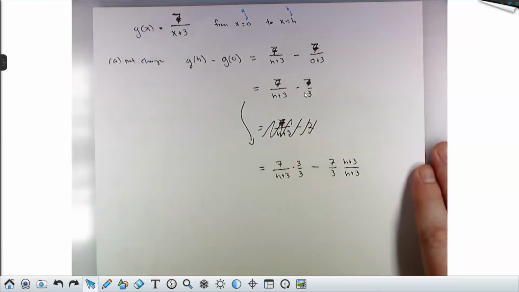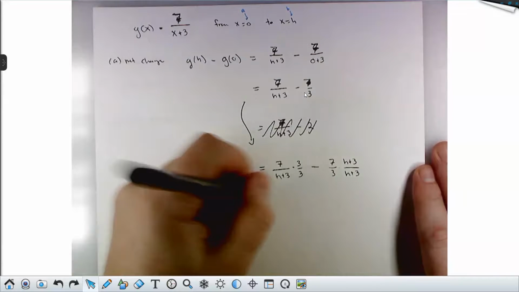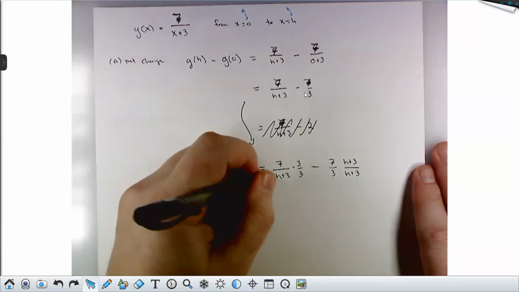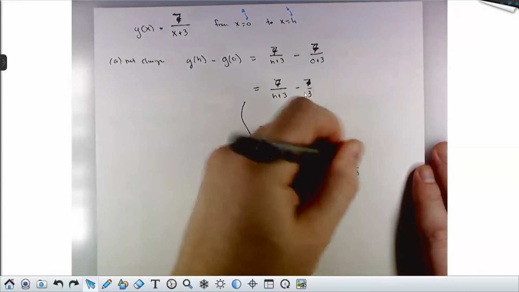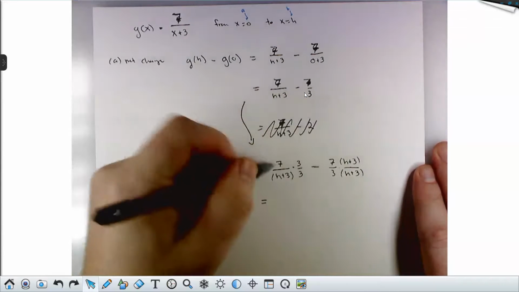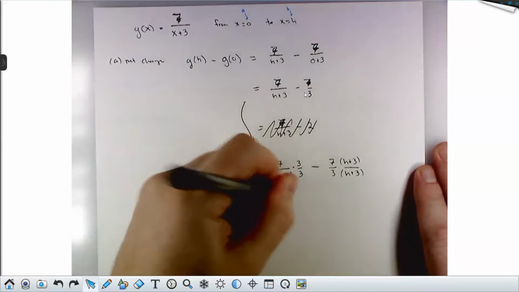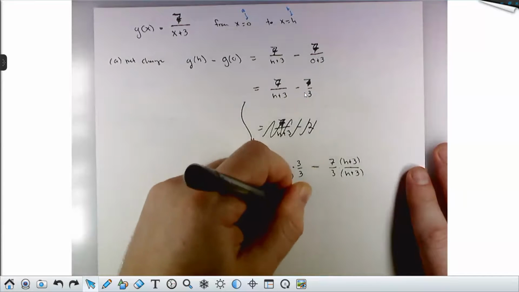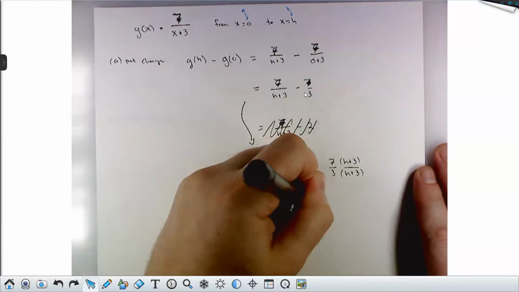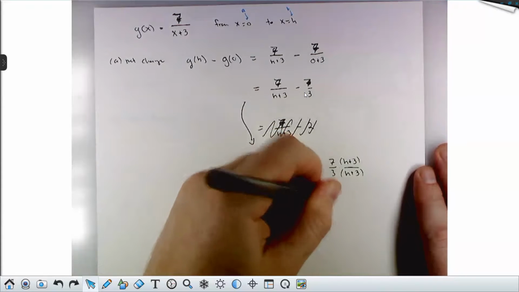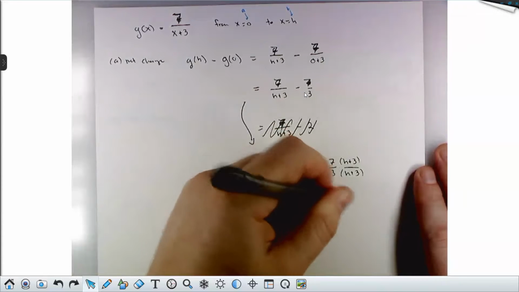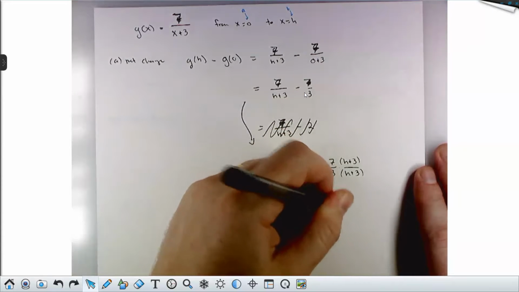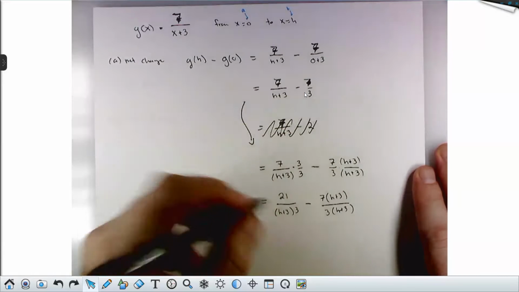When we multiply these fractions, remember the tops and bottoms are always in parentheses. The top here, 7 times 3 would be 21. So I'd have 21 over h plus 3 times 3, minus 7 times parentheses h plus 3 over 3 times parentheses h plus 3.